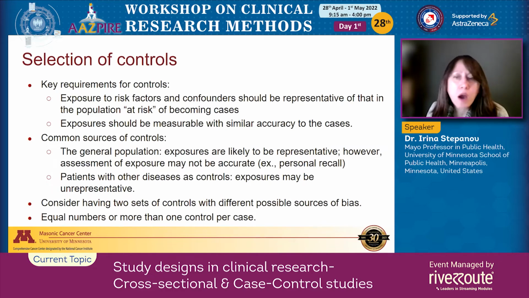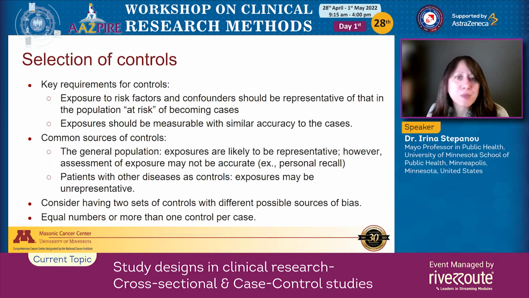Two common sources of controls are the general population. In this case, exposures are likely to be representative, but assessment of exposure may not be as accurate as for cases. And then sometimes you can use patients with other diseases as controls.